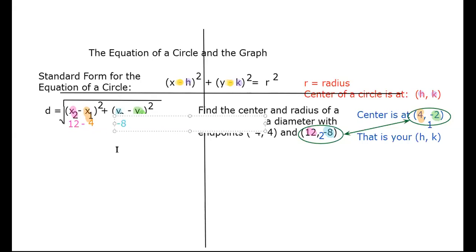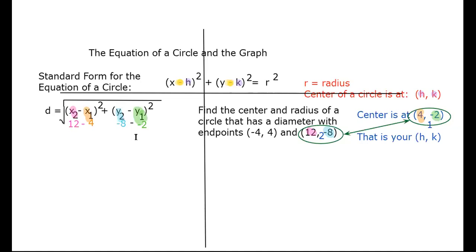Negative 8, you can't drop off the negative, minus, what's our Y1? Negative 2. Don't lose your negative sign. Negative 2. That's what we're going to put in our calculator.